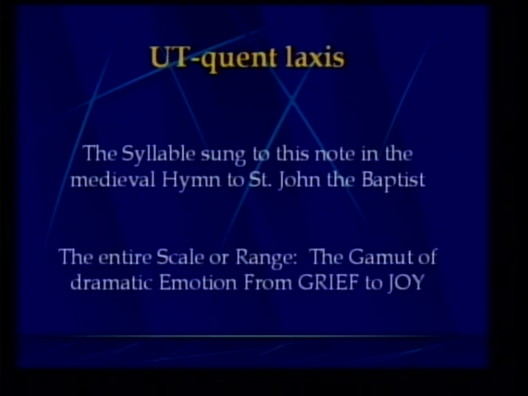And the definition is this: the entire scale of range, the gamut of dramatic emotion from grief to joy. In other words, if I sing a song at that particular frequency, I can change my state from grief to joy. Hallelujah.